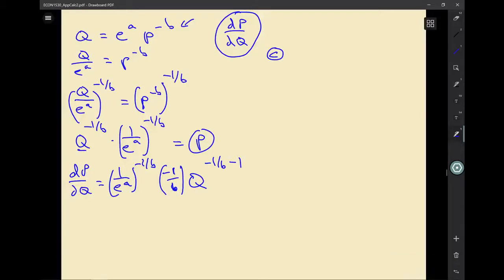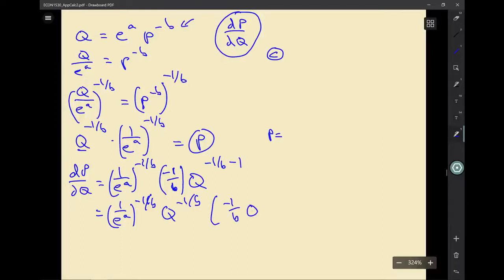Now we know that P is equal to, well, I'll just write it right here, (1/e^a)^(-1/B) times Q^(-1/B). And what's left is going to be negative 1 over B times Q to the negative 1.